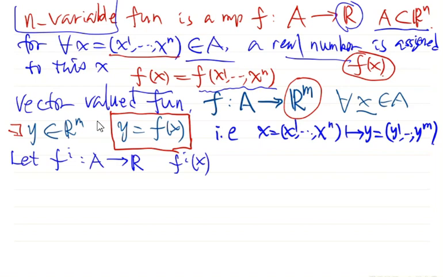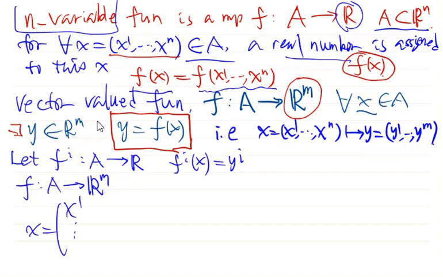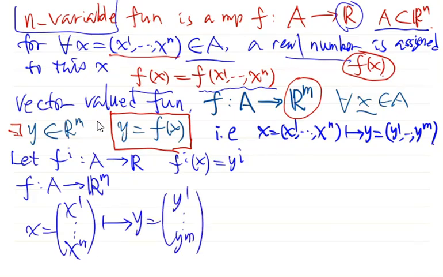We require fi(x) to be yi. Then this gives us a real valued function fi, for every i from 1 to m. So our map f from A to Rm is equivalent to: x maps to y = (y1, ..., ym), but every yi is a function of x.